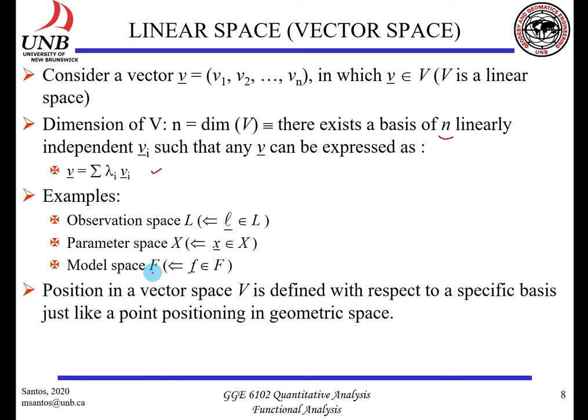We have the model space, which is basically populated by the functions that relate observations and parameters. The positioning in a vector space is defined with respect to a specific basis, just like point position in geometric space. Again, this is the best analogy that we can have.